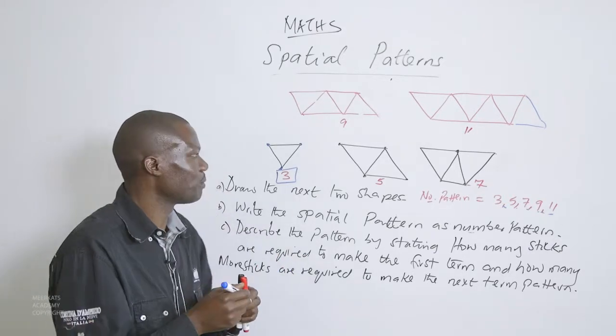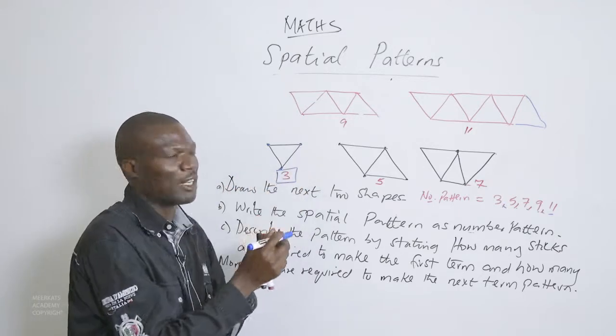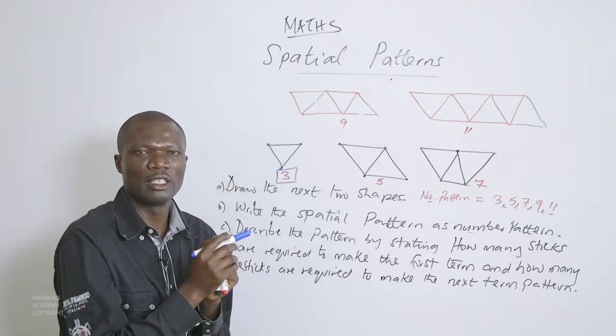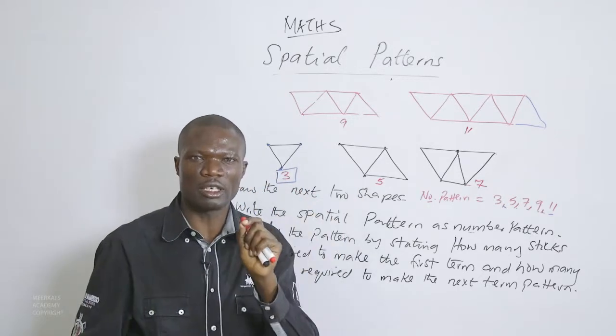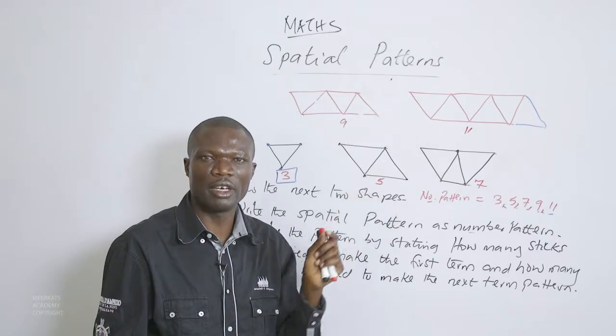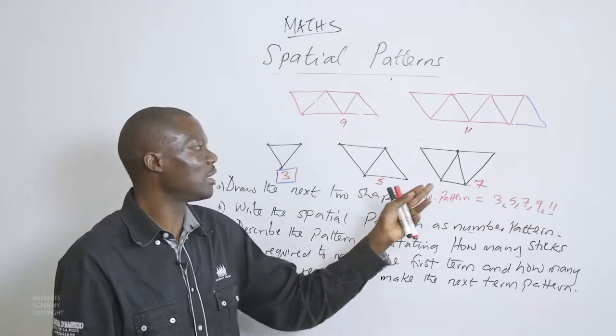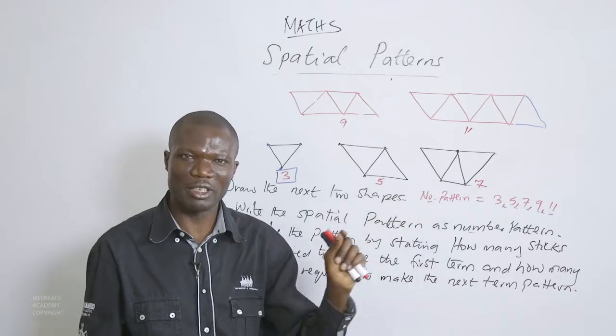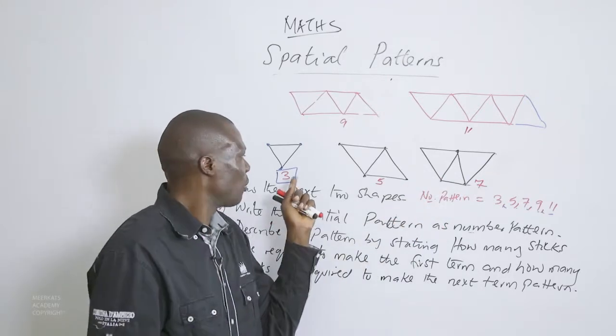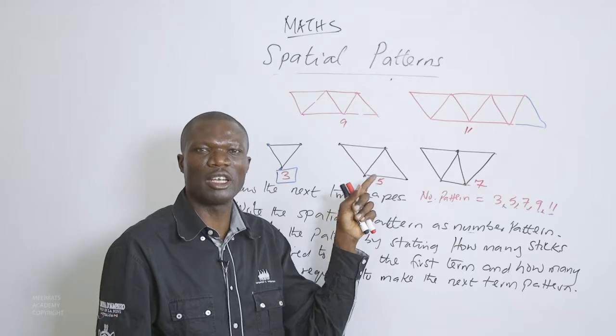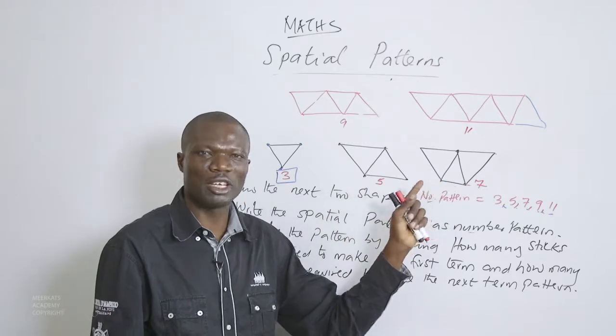Let us look at it. This is the first pattern with 3 sticks. This one is the second pattern with 5 sticks. And this is the third pattern with 7 sticks. What is happening? We are adding 2 to get the next pattern. We add another 2 to get the next pattern.